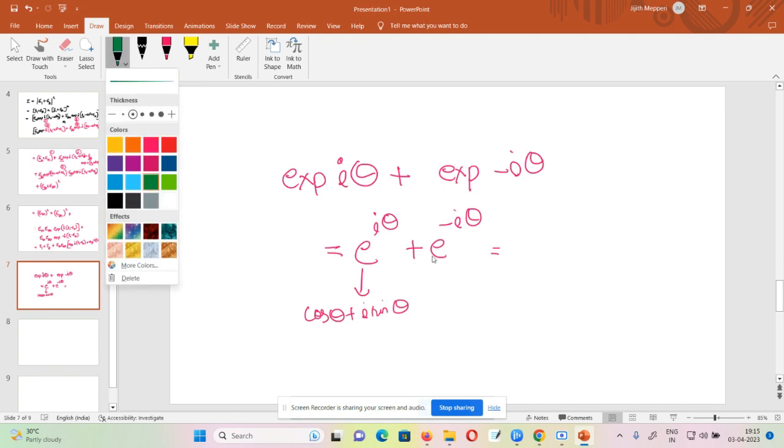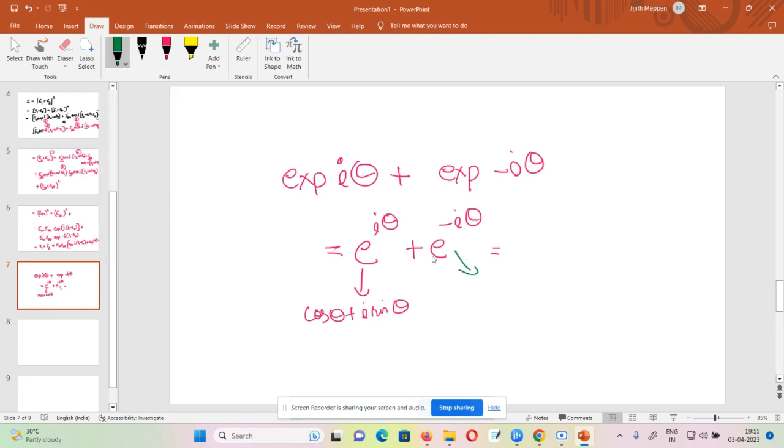So e raised to minus i theta will be cos theta minus i sin theta. What happens if you add both together, e raised to i theta plus e raised to minus i theta? This is plus i sin theta, this is minus i sin theta, this will get cancelled. What will not cancel?